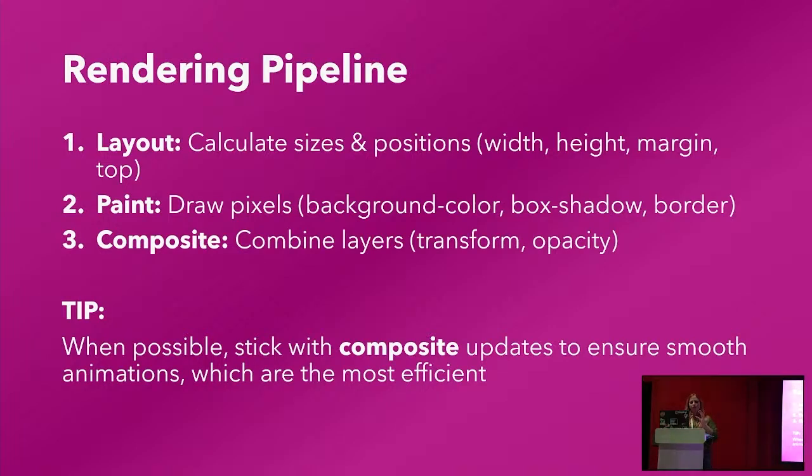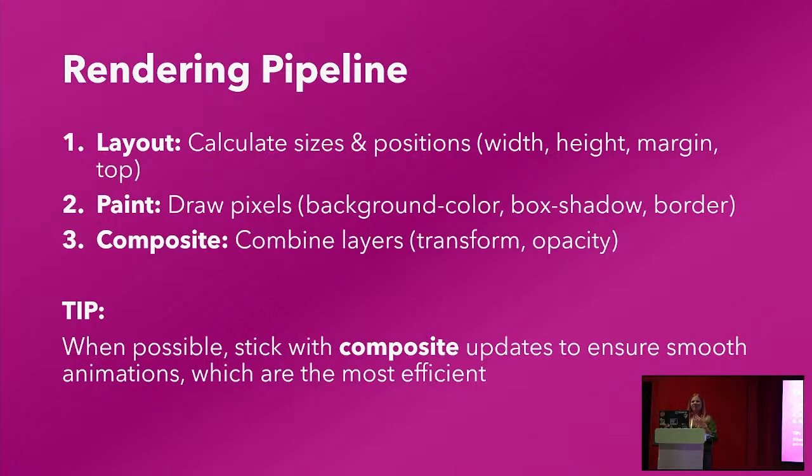So there's the layout, which is when you calculate things like the width, the height, the margin, the top position, the left position. When you transition or transform properties with those types of properties, it's going to adjust the entire layout. It's going to be very expensive computationally. So you try not to adjust the layout.